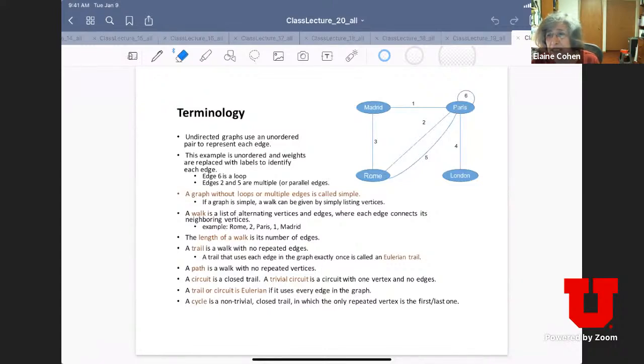Non-trivial means that it's got an edge at least, and this has an edge and it's closed, and the only repeated vertex is the first and the last. So yes, it's a cycle. A trivial circuit has 1 vertex and no edges. The example of Paris 6 Paris does have an edge. Thank you.